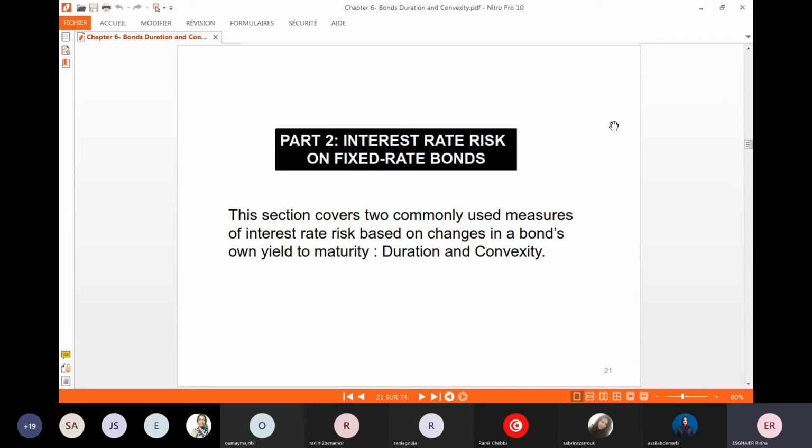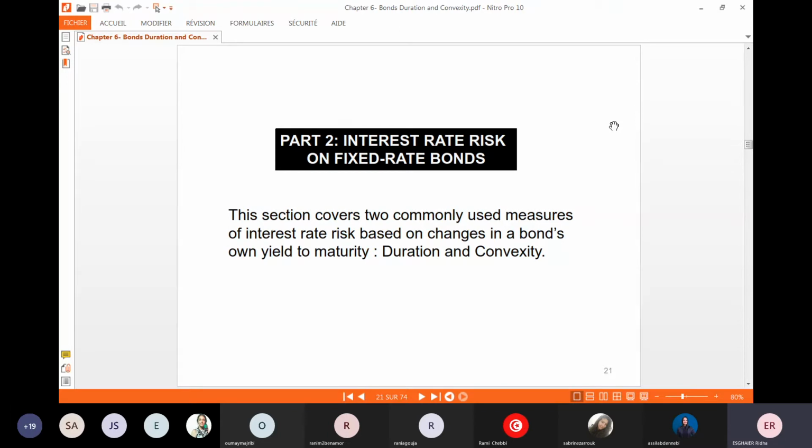How to estimate, how to assess this interest rate risk اللي هو الريسك نتاع البوند. We will set using two measures if you want اسمهم duration والconvexity. لو نرجعوا لهم من بعد. Forget about this now. We will come back to these duration and convexity later.